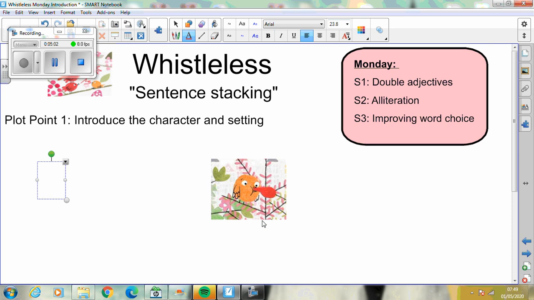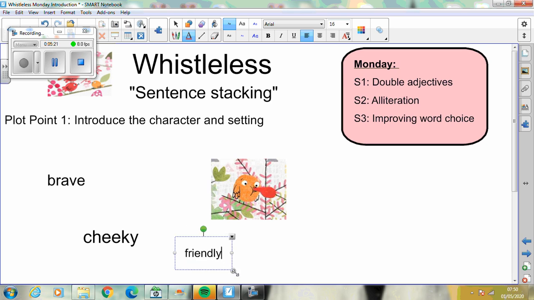So having seen the animation, I would describe Whistleless as, I think he's a very brave character. I think he is quite a cheeky bird. I think he's friendly because he's not afraid to go and ask lots of different people for help.